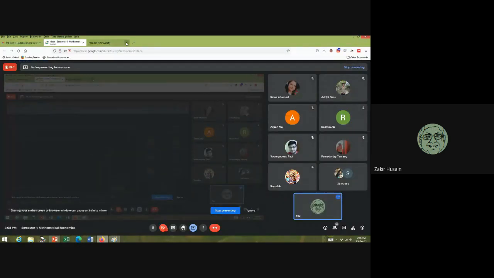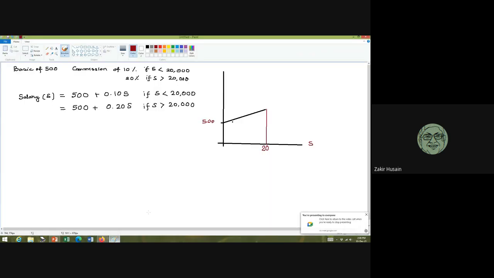Okay. So here the slope is 0.10, and over here the slope will be 0.20, at 20,000.